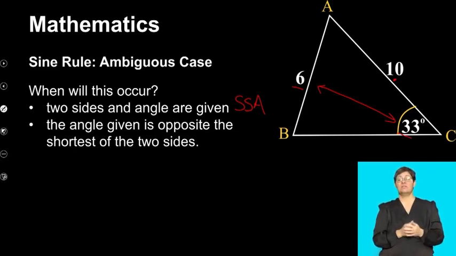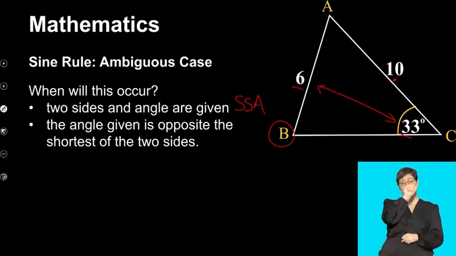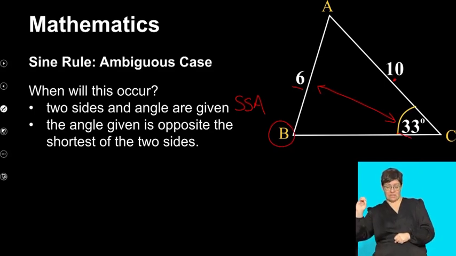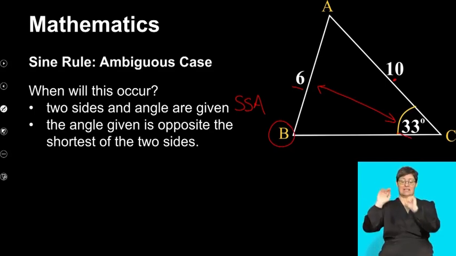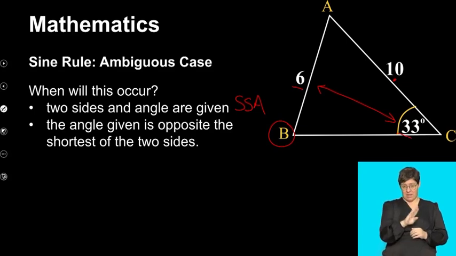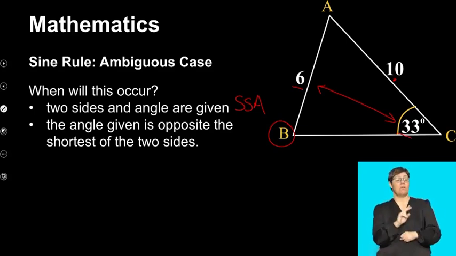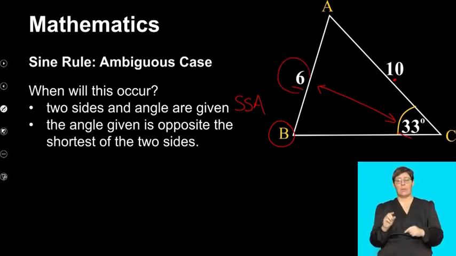If we were solving this triangle, we would start off by solving for angle B, using the full pair of 6 and 33 and the half pair of 10 and B. So the ambiguous case occurs when we're given the full pair, but the full pair contains the smaller of the two sides.